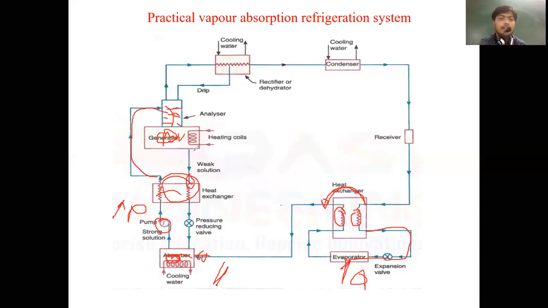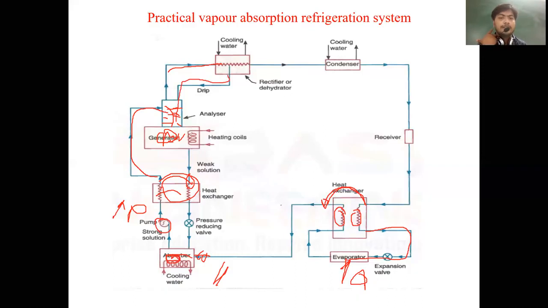So only ammonia passes into the rectifier. The other name of the rectifier is dehydrator, where any remaining water vapor is also extracted from the ammonia vapor, and it is returned to the analyzer.